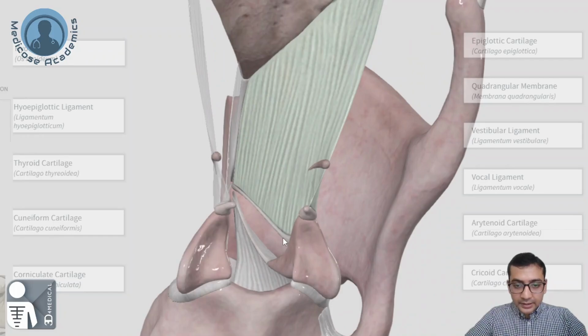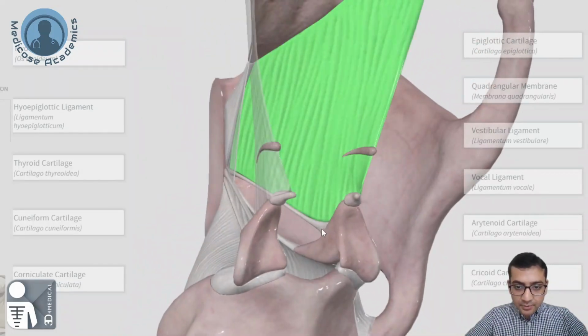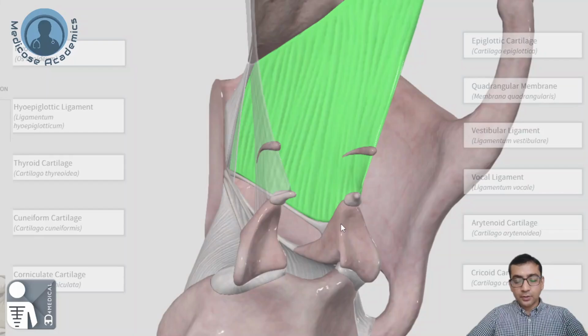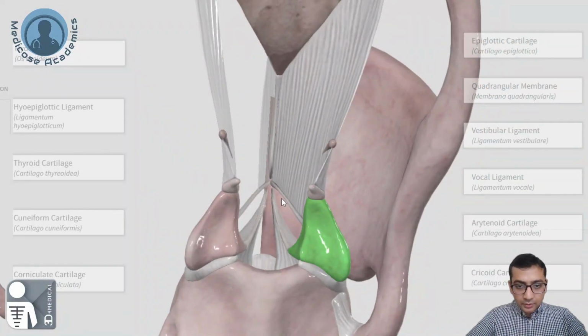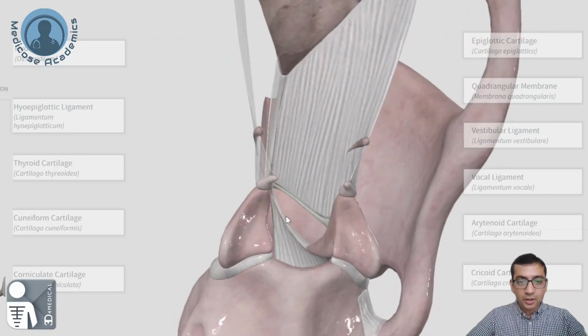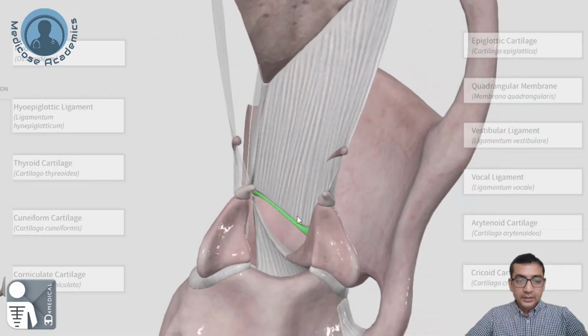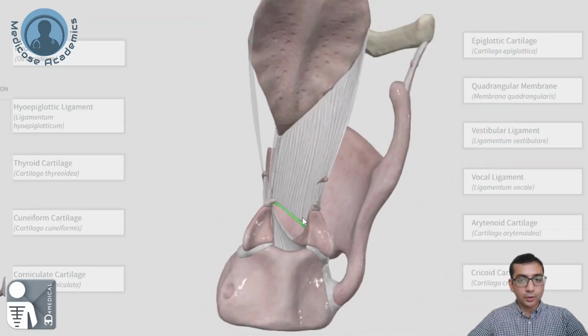In the lower aspect, it has two attachments: to the back to the arytenoid cartilage, and to the front to the thyroid cartilage. Between the two, this free lower margin of the quadrangular membrane is called the vestibular ligament, and they make the false vocal cords.